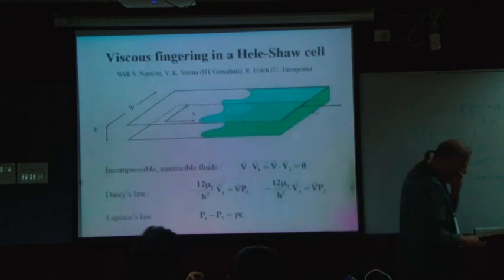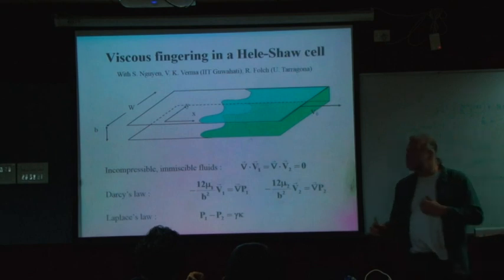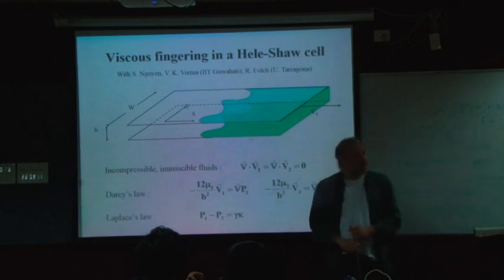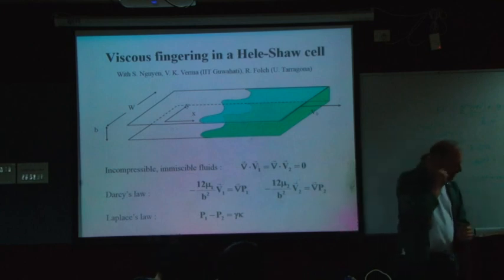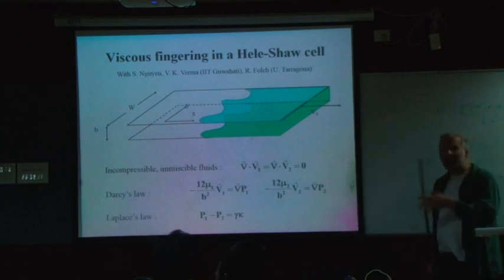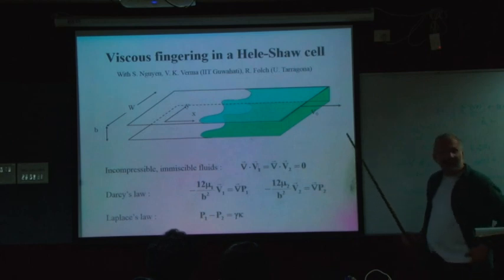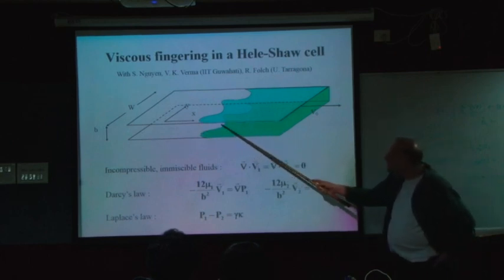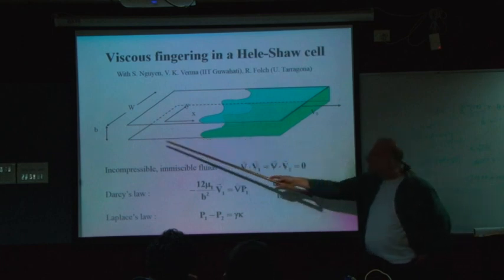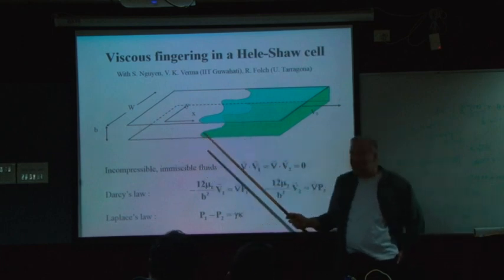Okay, so let's talk a little bit about this experiment. This is actually an example of what is called viscous fingering. So here's a little sketch of the cell, just like what was demonstrated at 2 o'clock. Imagine that you have 2 glass plates and you have a thin space of thickness b there.